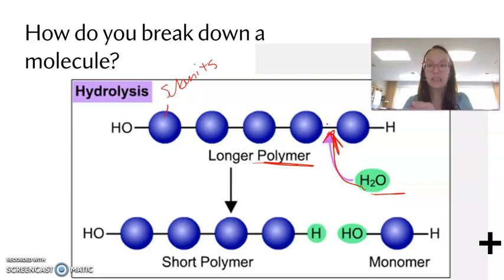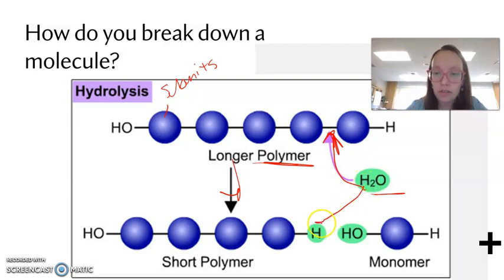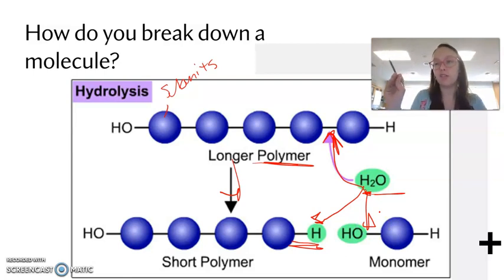It will cut it, right? Lysis is to cut. It will cut that piece right there, and then one of my hydrogens will bond on the one side of the polymer, and then my other hydrogen and the oxygen will bond over here with that monomer that I just lysed, I just cut off.